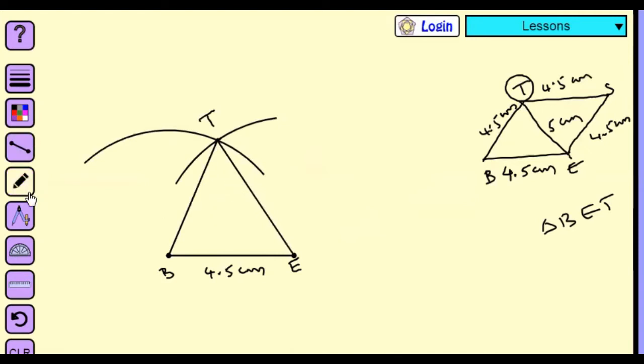Now label it: B to T we have 4.5 centimeters and E to T 5 centimeters.